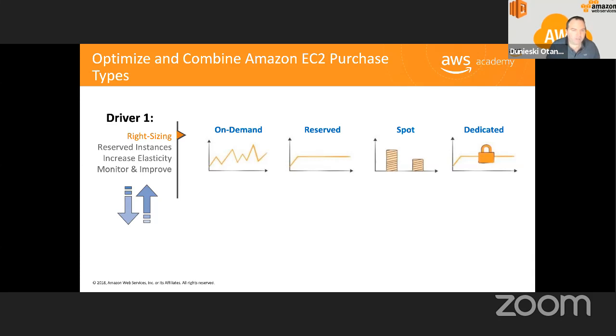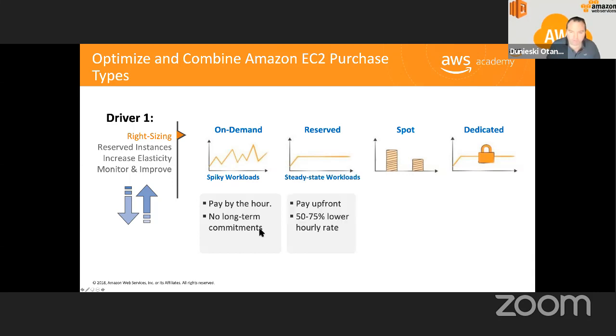Now you have on-demand, reserved, spot, and dedicated instances. Dedicated is very private, for specific sectors, sometimes the government, that need dedicated ones. With reserved, you have a predictable pattern throughout the year, and with spot, you have spikes and unpredictable patterns. On-demand is for spiky workloads paid by the hour, with no long-term commitments.